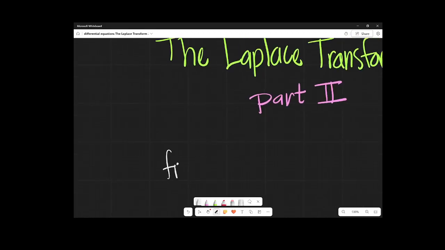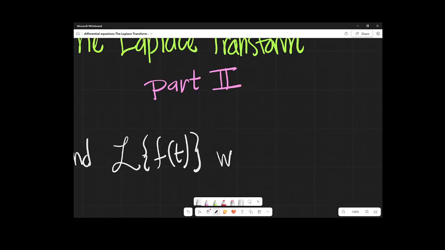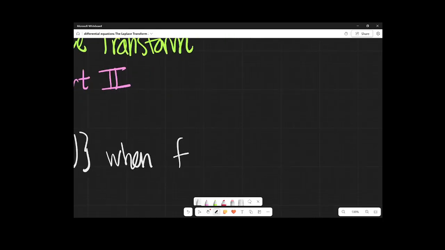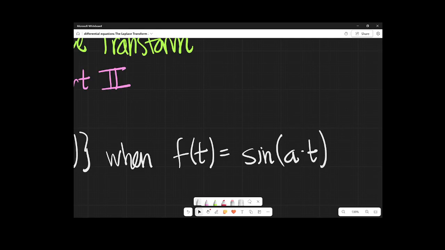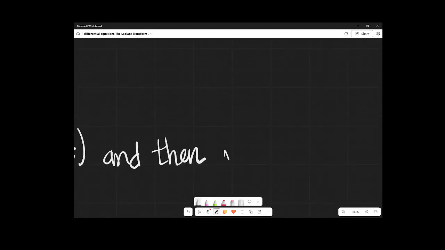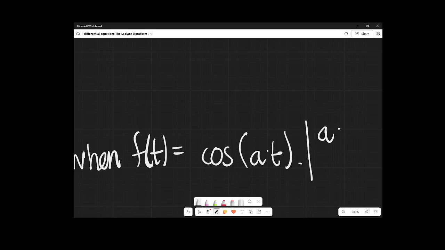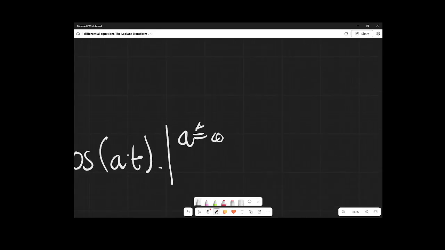So find the Laplace transform when f of t equals sine of a times t, and then when f of t equals the cosine of a times t, where a is just a constant. a is defined as some constant.